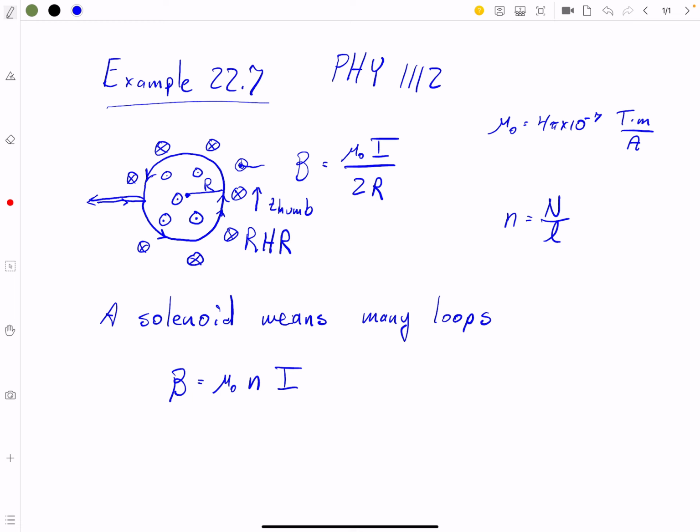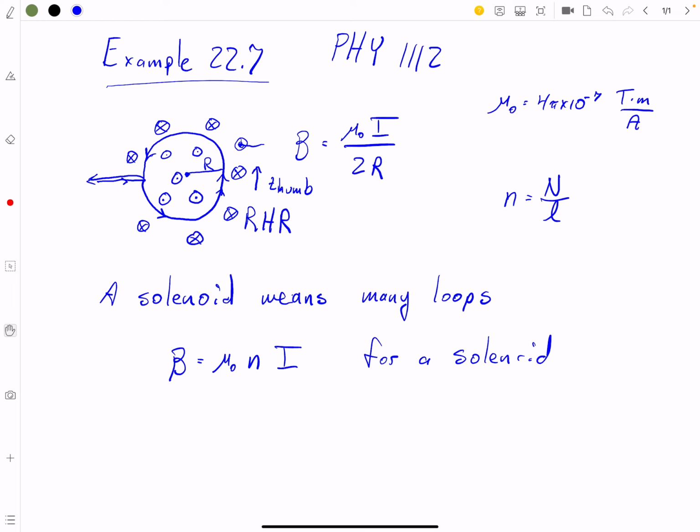And that's what our B field ends up being. So this is for a solenoid. Okay.